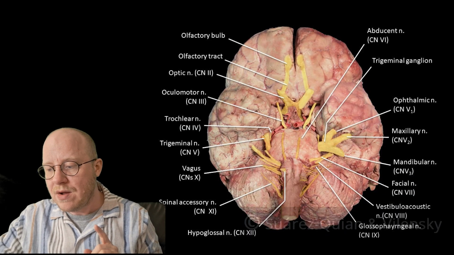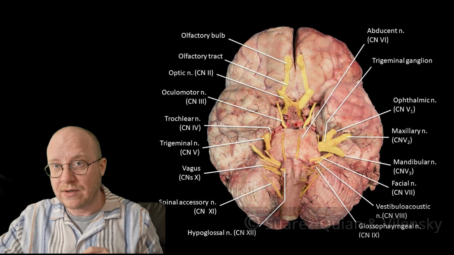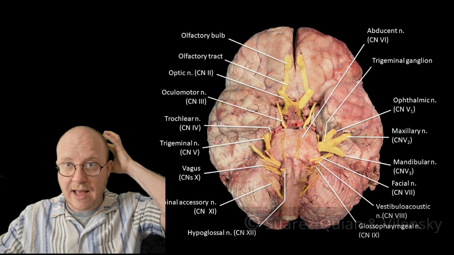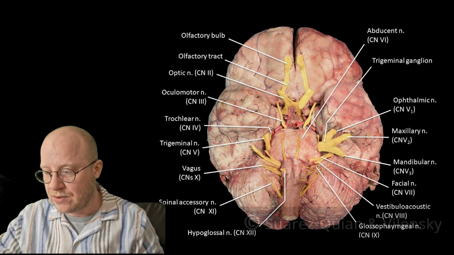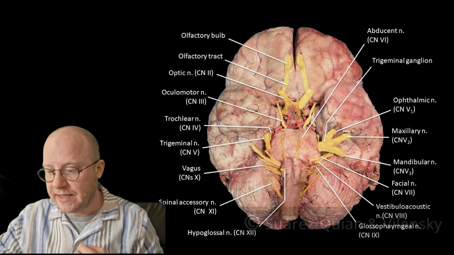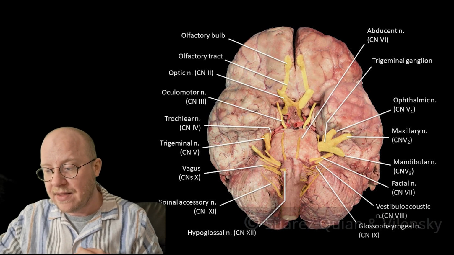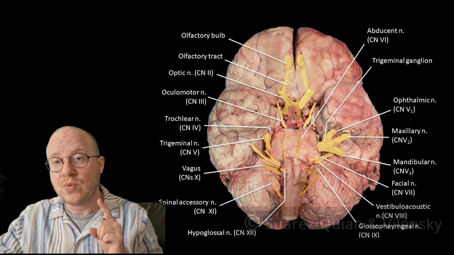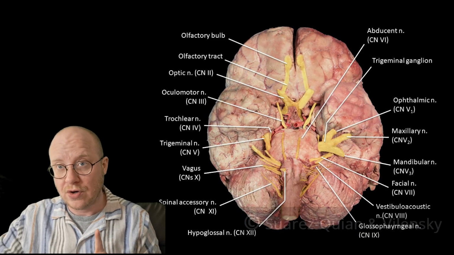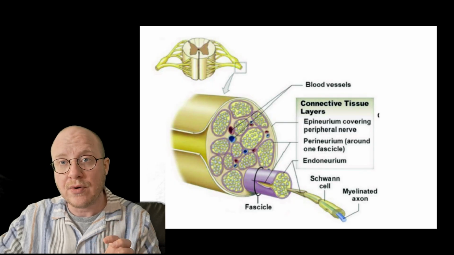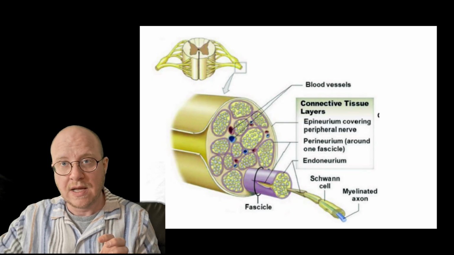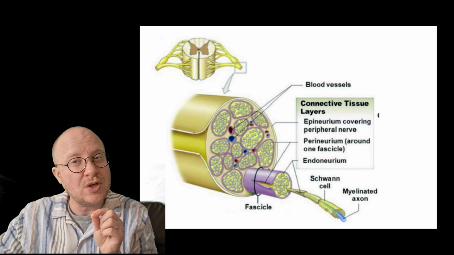Some of the 12 pairs of cranial nerves, cranium, head nerves, only contain sensory neurons, while others only contain motor neurons, and others contain some of each type. So you can have a nerve, which is a bundle of neurons, that has both types of neurons. These two types of neurons are not connected to each other.